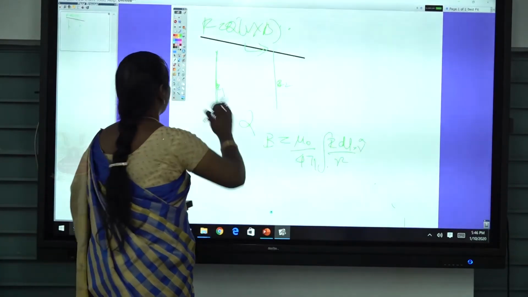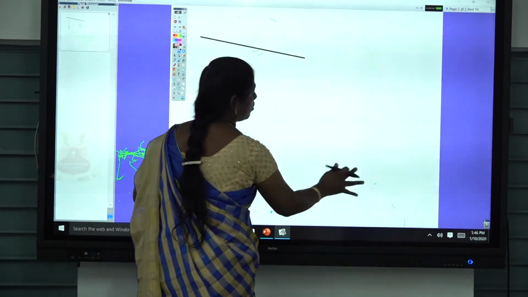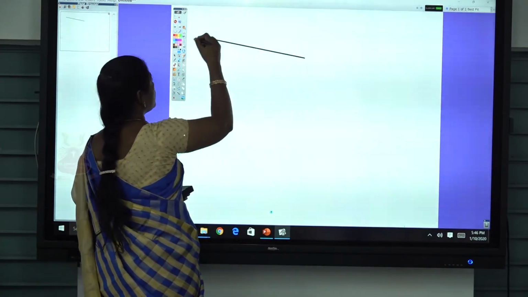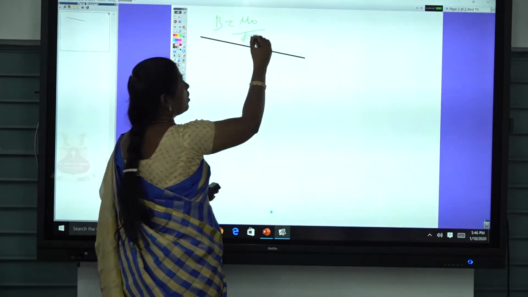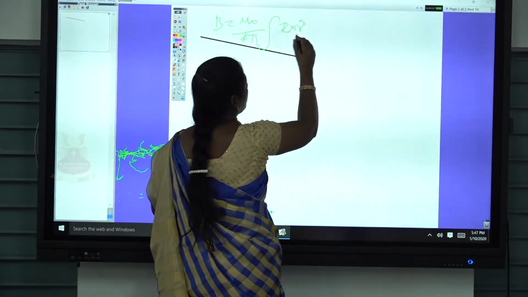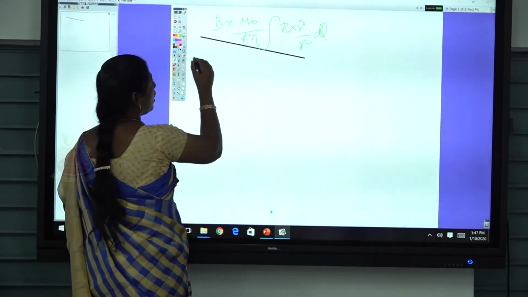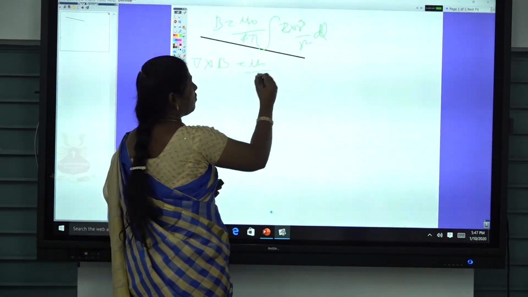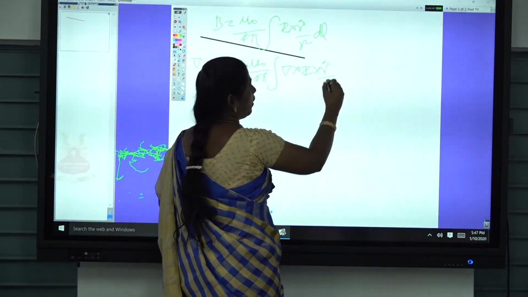From the Biot-Savart law, B is equal to mu naught by 4 pi integral of I cross R cap by R square into dl. Applying curl on both sides, therefore, del cross B equals mu naught by 4 pi integral of del cross I cross R cap by R square.